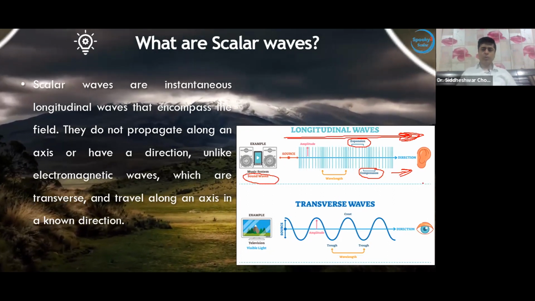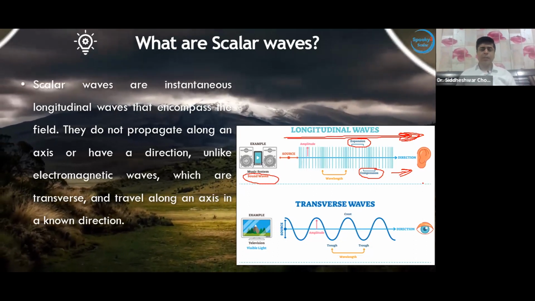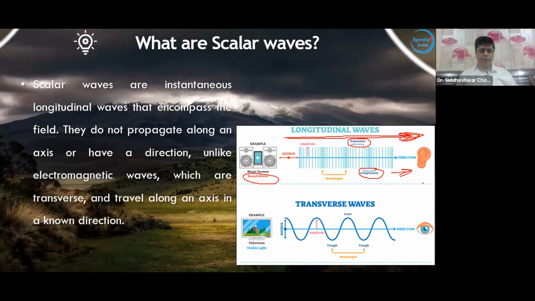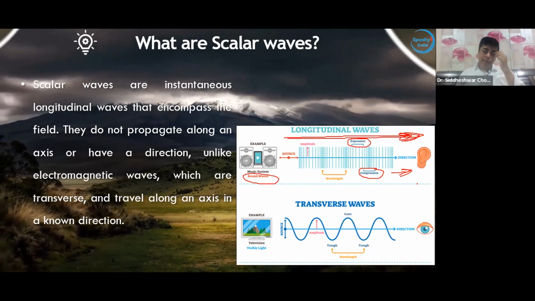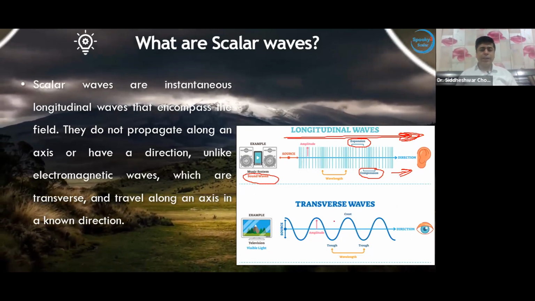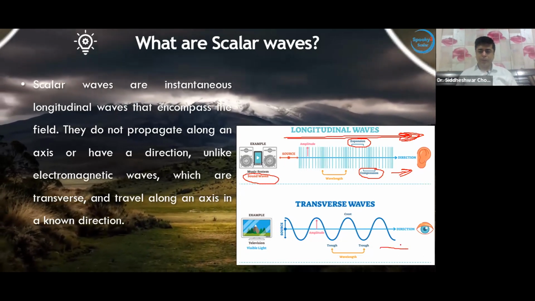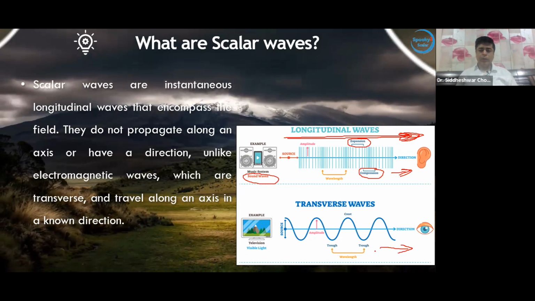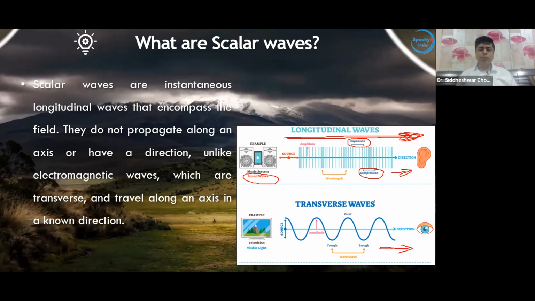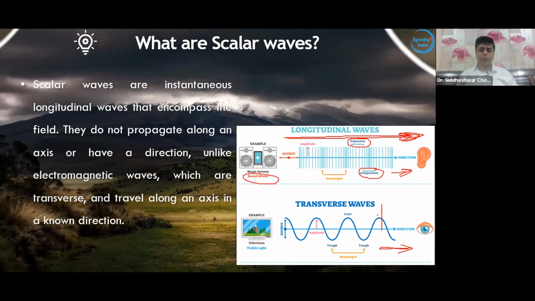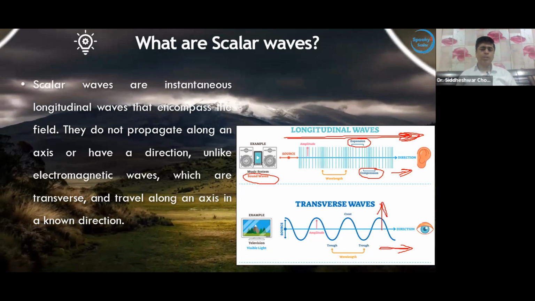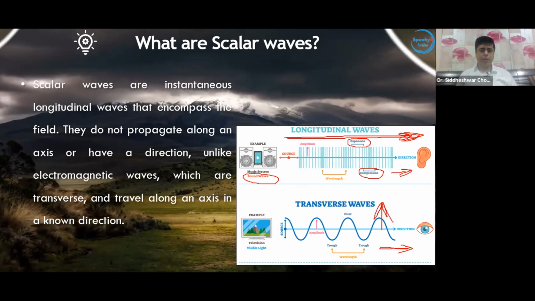We all know how important sound waves are for us; we are so familiar with them. On the other hand, transverse waves are waves in which the particles move perpendicular to the direction of propagation of the wave.